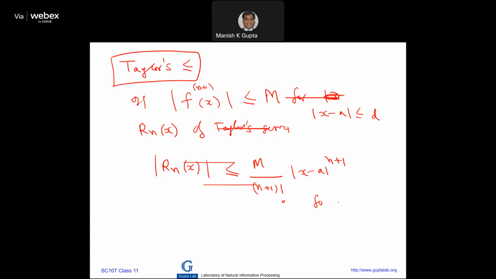And this is true for mod of x minus a less than or equal to d.